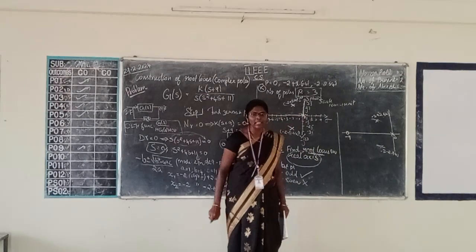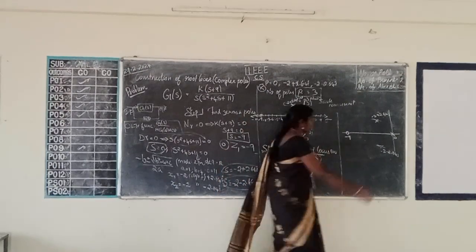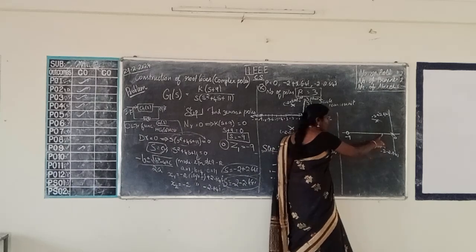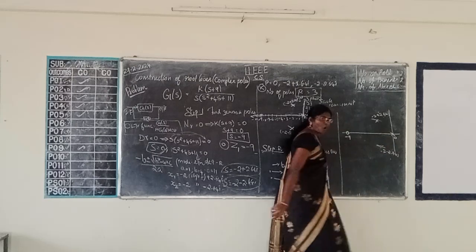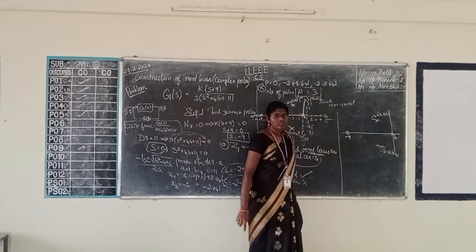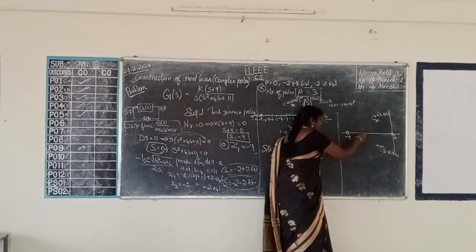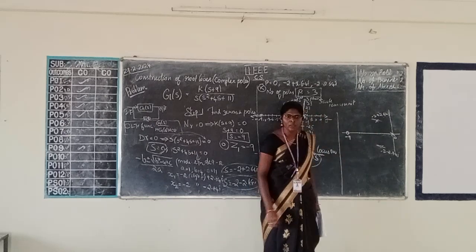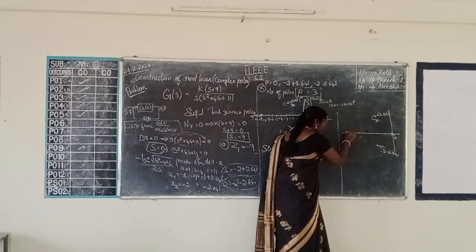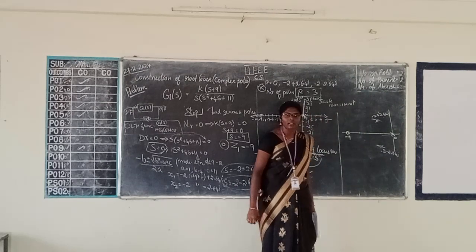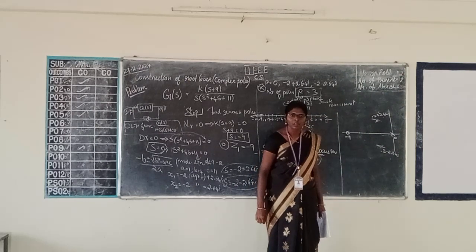Okay, now I am going to place a test point. If I place a test point over here, I am watching from this side. How many poles are there? 1. If I place a test point over here, how many poles are there? 1. If I place a test point over here, at the end of this minus 9, how many poles are there? 1.